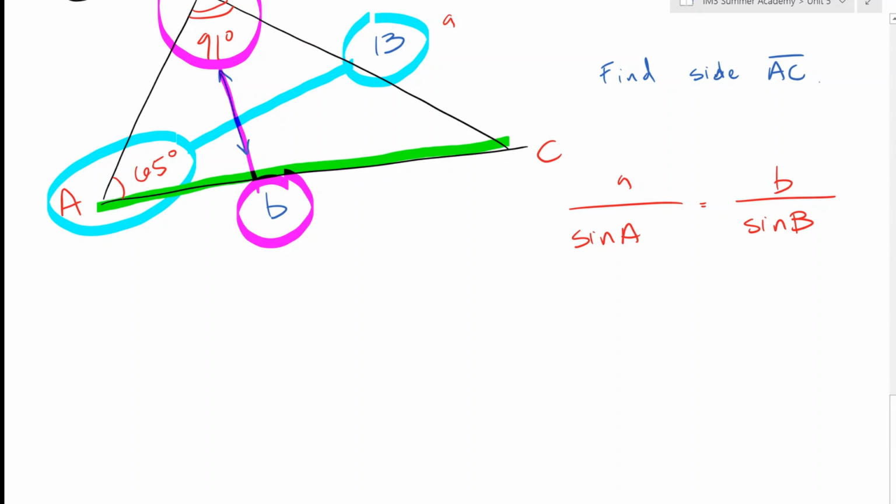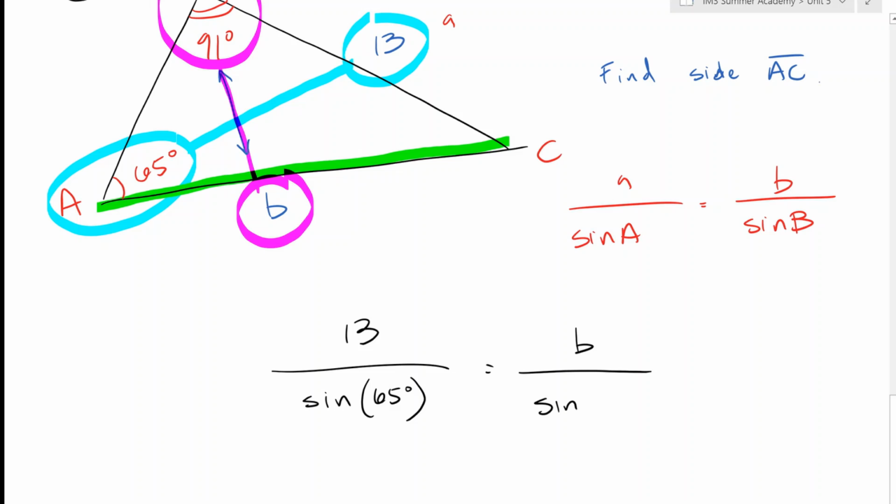And let's plug in everything we have. So little a is 13 over the sine of big A, that's 65 degrees, equals little b, we don't know, that's what we're trying to find, over sine big B, that's 91 degrees.